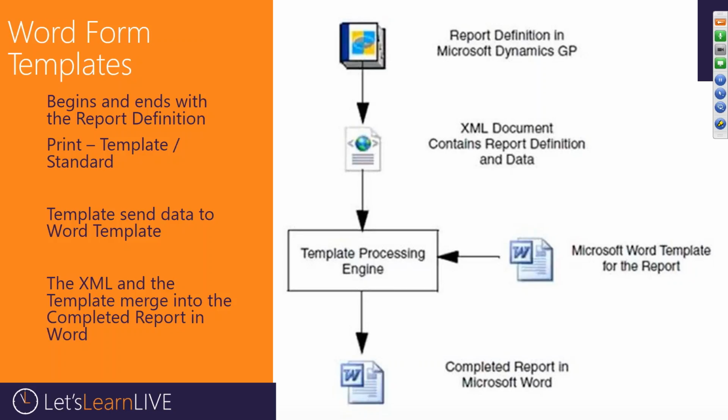So it uses that, and it converts that to an XML format, which is a generic way to translate data. And so the report writer goes into XML, and then the template engine that's actually built into GP interprets that, grabs the Word template, and takes the data that would actually go on the GP report writer report, and through XML it moves that into the Word template, and then it presents the document in Word.